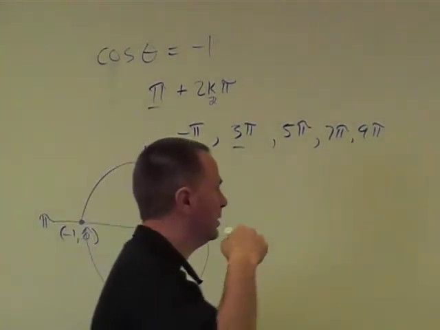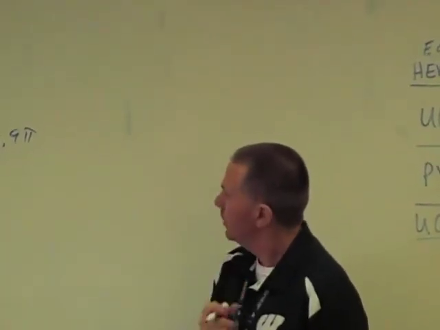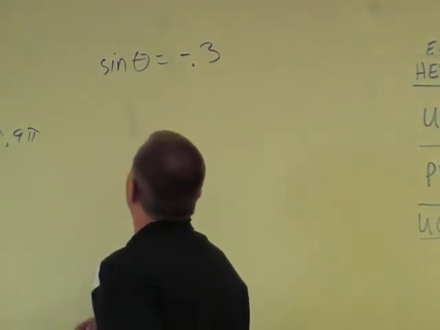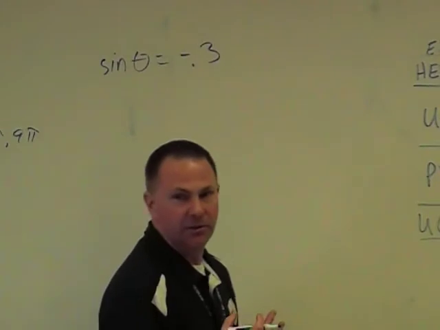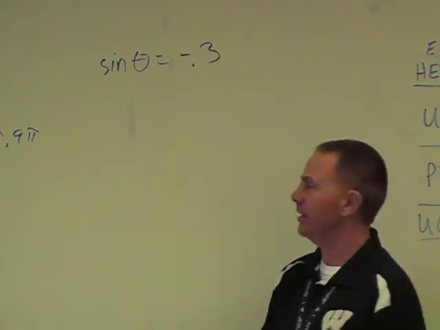Alright, so let's change this just a little bit. What happens when you don't recognize these? So remember, put your calculators in radian mode. And you look at that and you say, well, wait a second, I don't know where that's at on the unit circle. Okay?